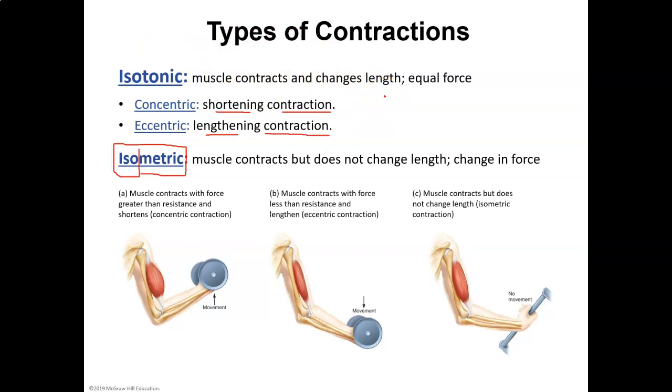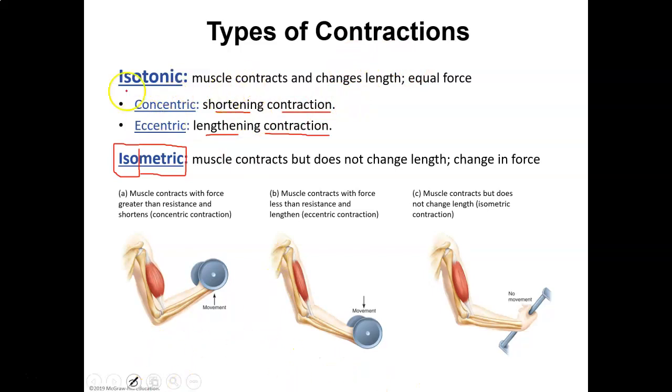But at some point you have to allow that thing to lengthen back to its normal length. And that still involves the myosin head groups grabbing onto actin. But instead of pulling the actin toward the middle of the sarcomere, it's slowly letting it lengthen back to its normal length. So that's known as an eccentric contraction.